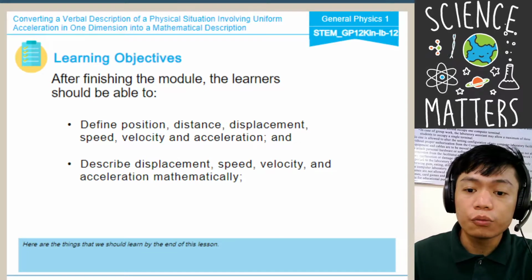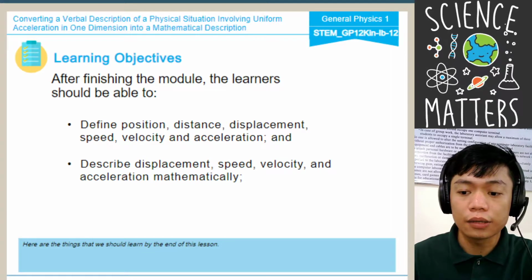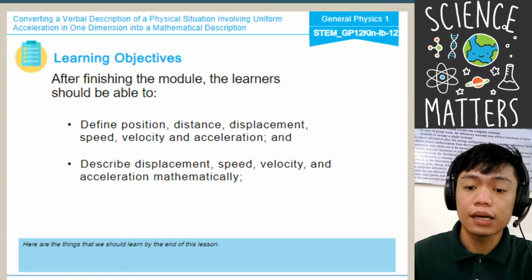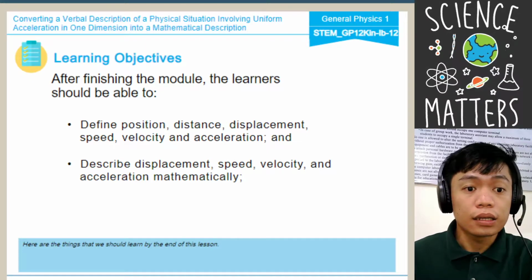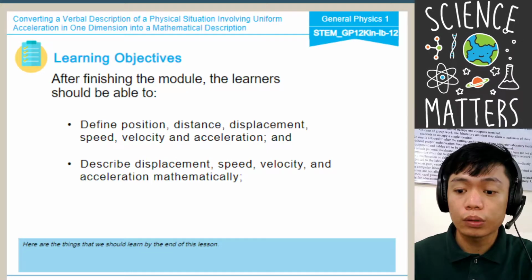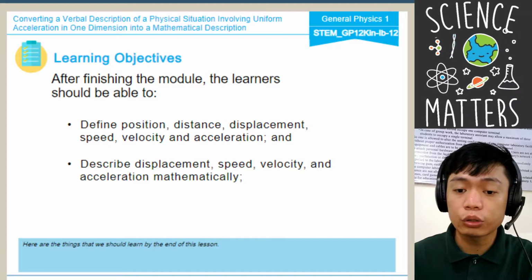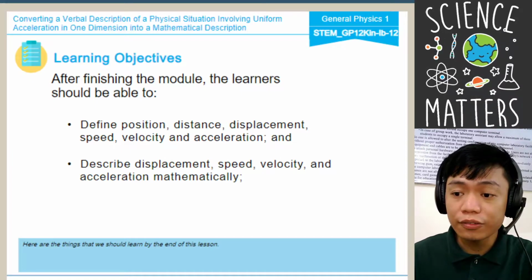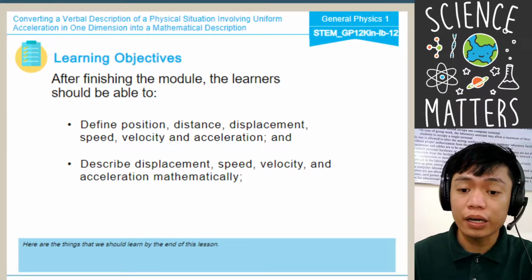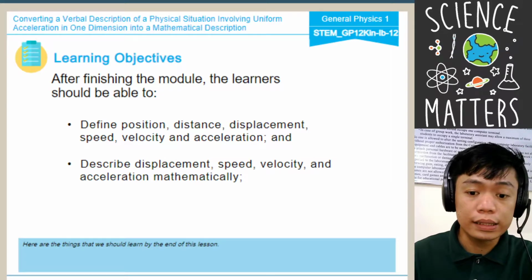We use mathematics in this lesson, so you have to at least prepare your learning materials in order to take down notes for the important formulas that we are going to encounter throughout this lesson.